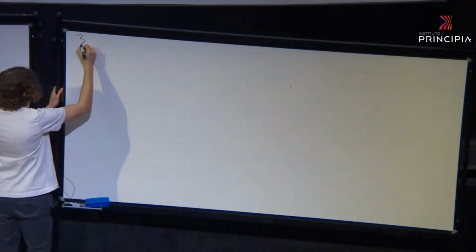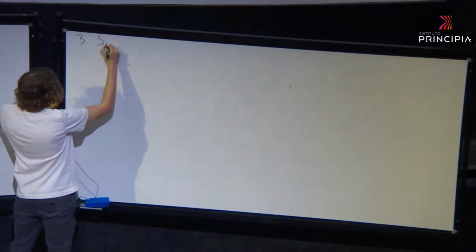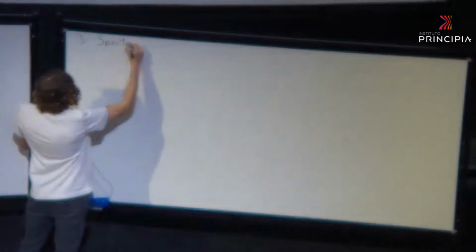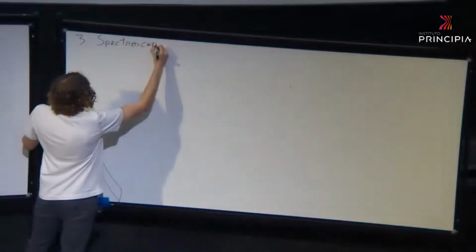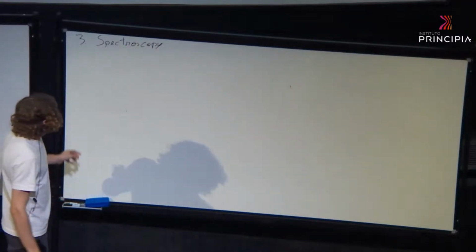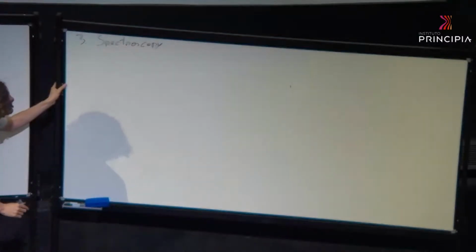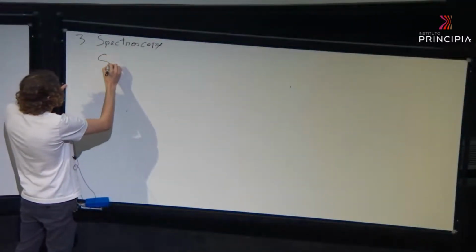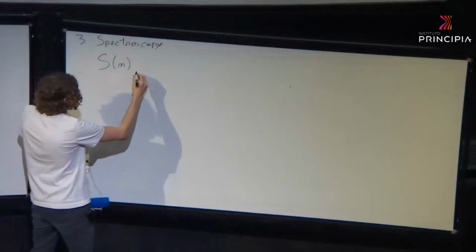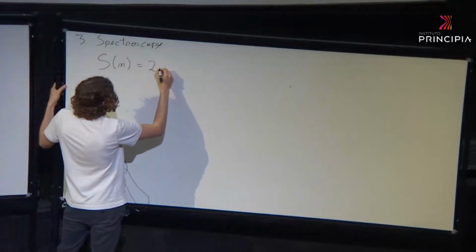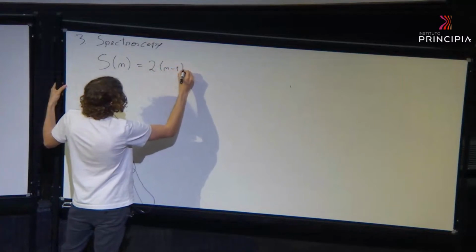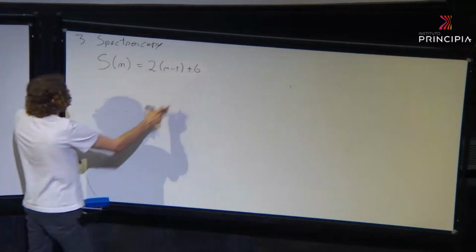So the first point I want to discuss is what we call spectroscopy. So let's consider the second trajectory that we highlighted in red in the plot that I just erased. Let's define the spin for each of the operators in this trajectory, which is 2(n-1) plus 6. So the first operator has spin 6, the second one has spin 8, and so on.